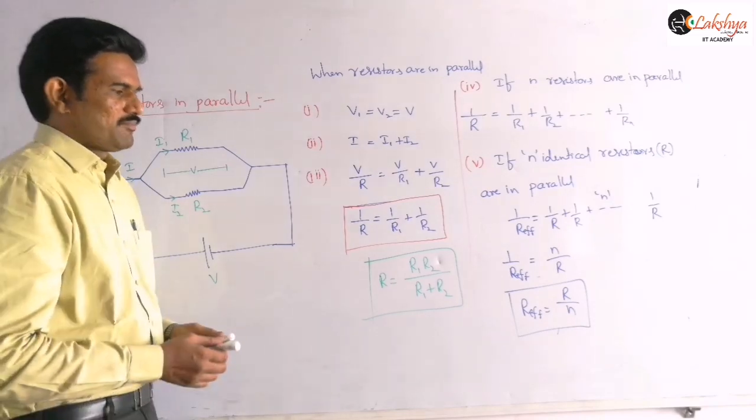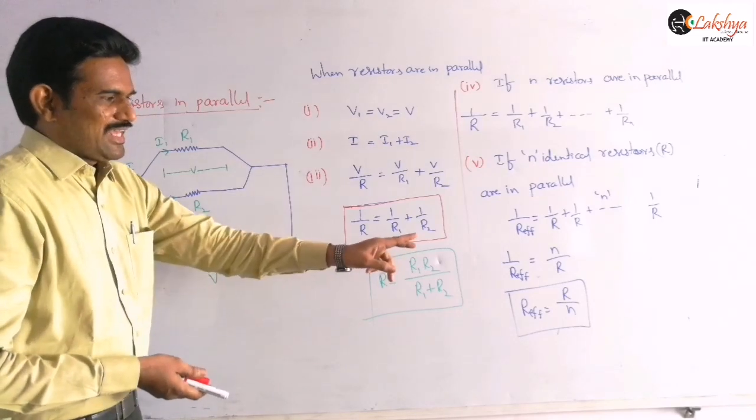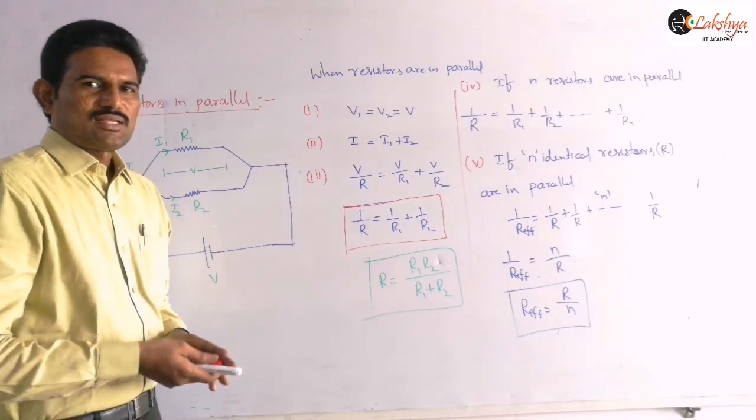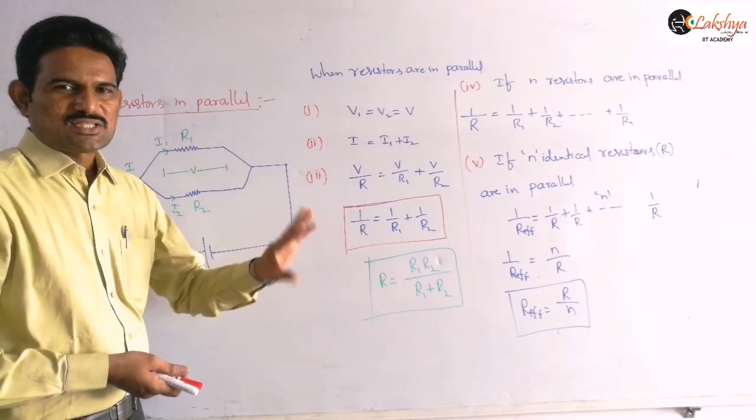Now we can conclude from all these calculations that whenever resistors are joined in parallel, the effective resistance will be less than the least value.